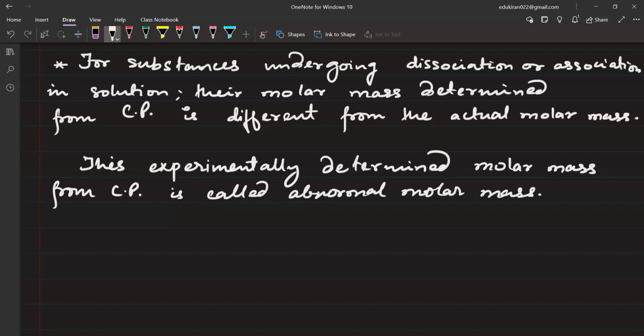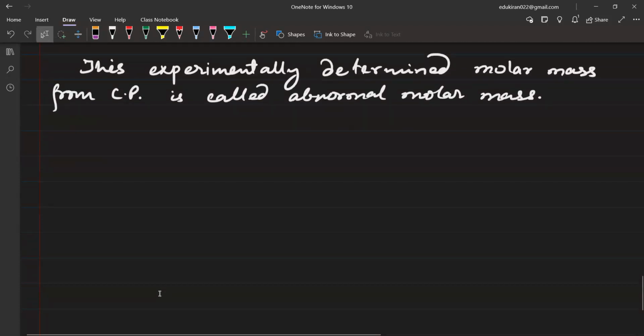This is experimentally determined. Okay. Now, whatever abnormality is coming, it is because of the dissociation of the solute particles. Now, how much dissociation is taking place? The more dissociation takes place, the more abnormality will be there in the colligative property.